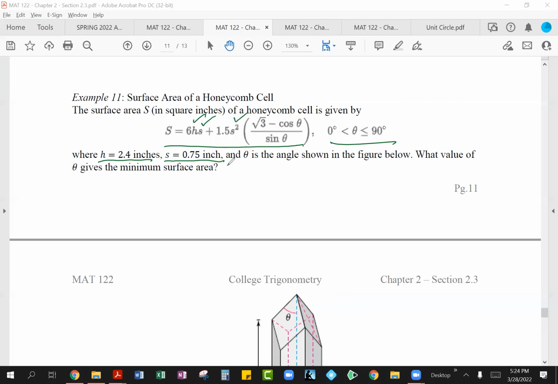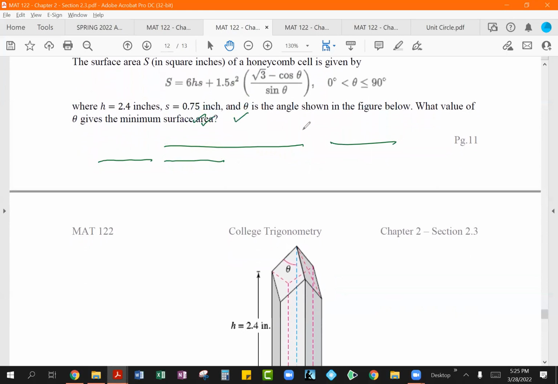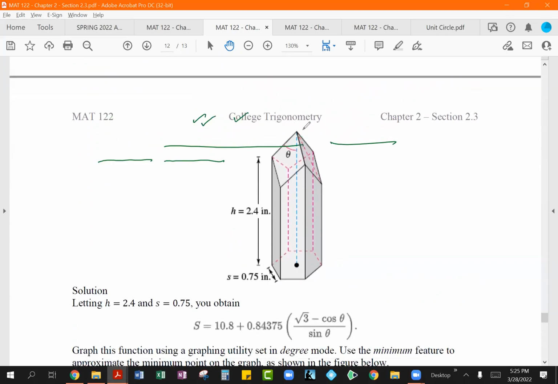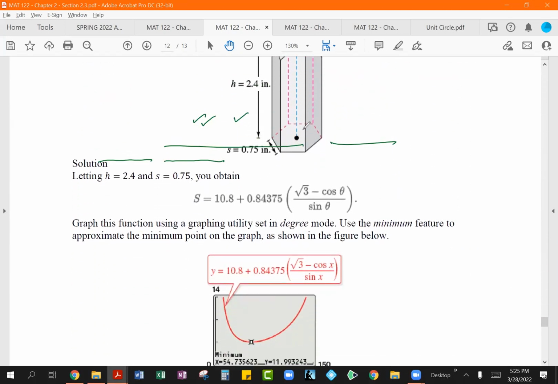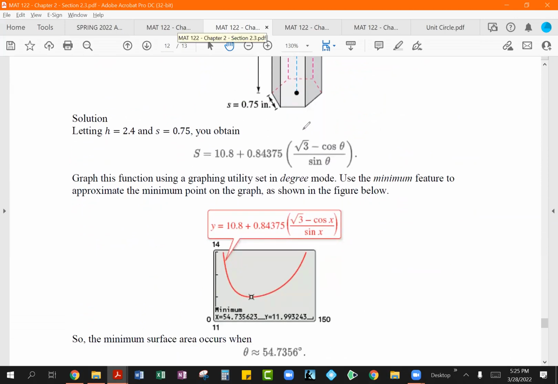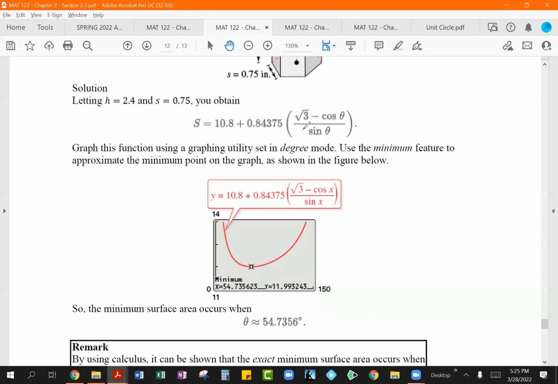So you literally plug those values into your equation, and then you're trying to figure out what the value of theta is going to be. You can see how we plug those numbers in and clean up our equation as we can. Then you're going to use a graphing calculator to help you out in this case.